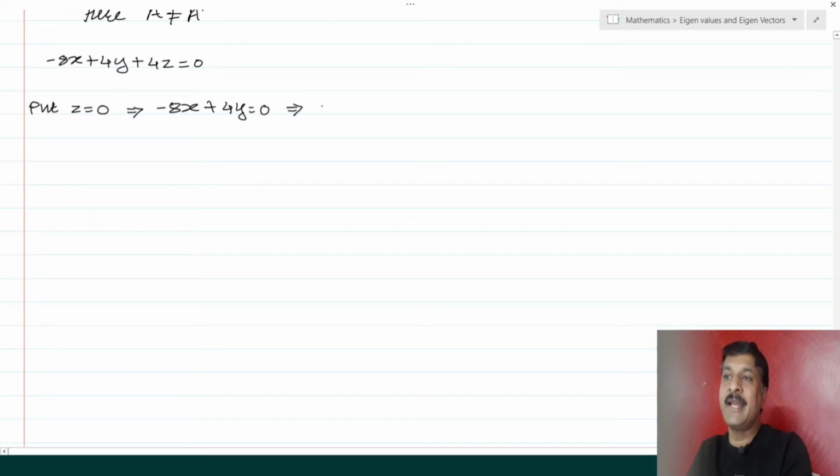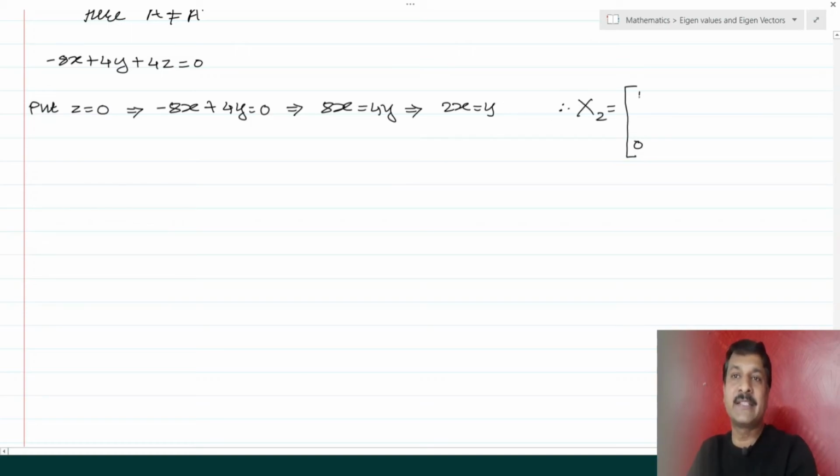This implies 8x equal to 4y, that is 2x equal to y, and therefore I will consider the vector x2, as we consider here z is 0. Now put the value of x as 1, so I am getting y is 2, corresponding to lambda equal to minus 1.